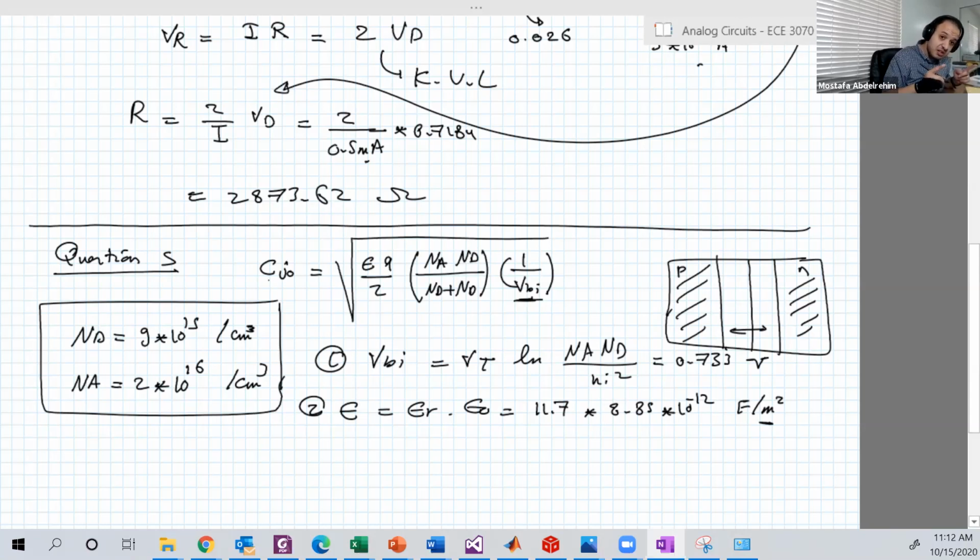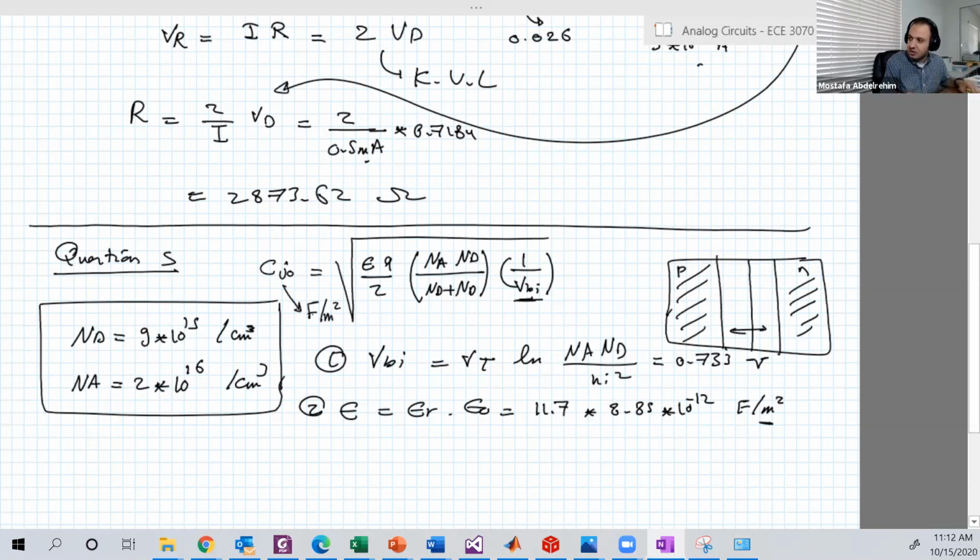But remember something here that I mentioned in our lecture. This is in farad per meter squared. I mean, it's per unit area. If everything here is in centimeters, this will be farad per centimeter squared. If everything here is in meters, this will be farad per meter squared. So you should convert one of them to the other.